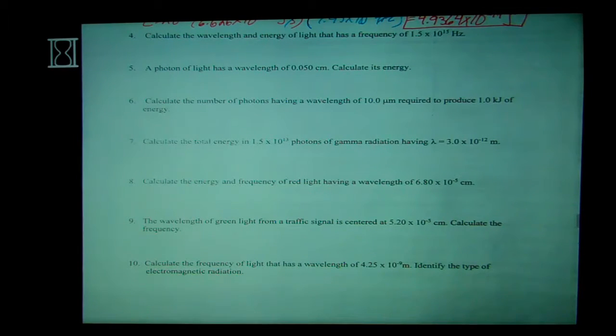Calculate the photons having a wavelength of 10.0 micrometers required to produce 1.0 kilojoules of energy. That 10.0 micrometers, you did the conversion, yes, but that's for a single photon. So if I calculate how much energy one photon has, all I need to do is convert to see how many I need to get to that 1,000 joules.